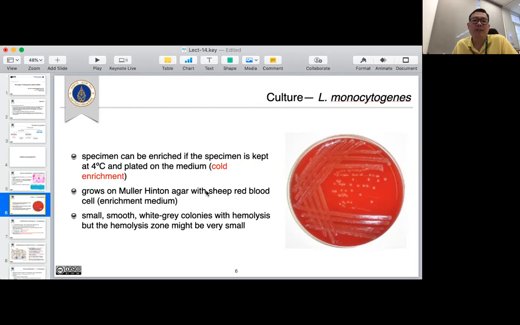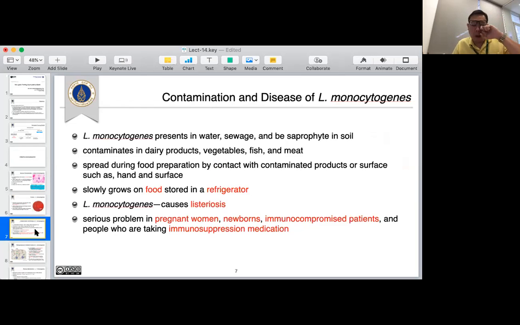Colony of Listeria mono is small, white gray color. It can hemolyze, but the hemolysis zone is so narrow, almost touching the edge of the colony. So sometimes, if you do not look properly, you probably see no hemolysis.